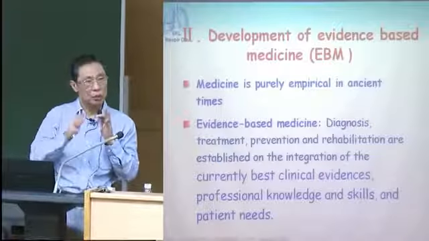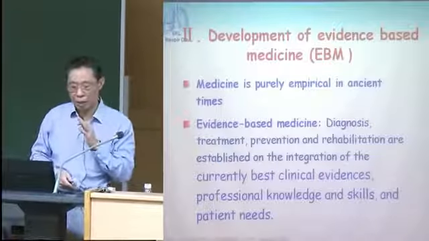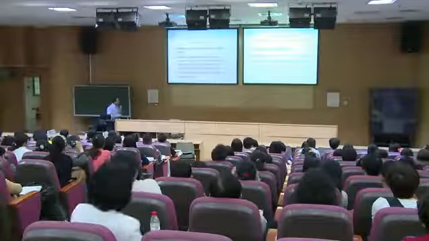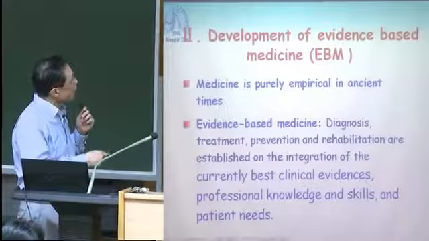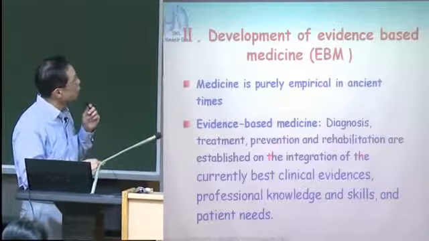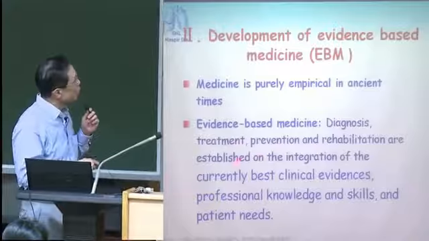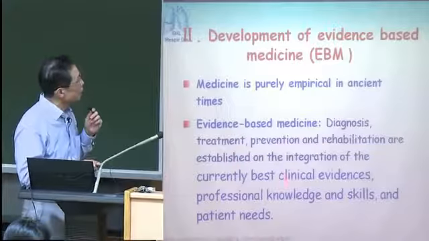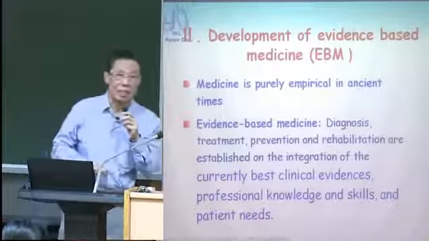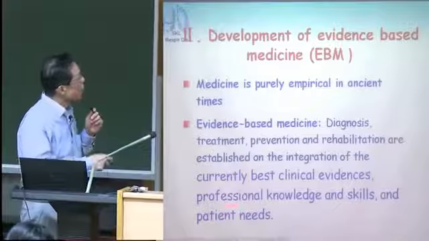We need to change it to evidence-based medicine. I took a sentence like this: diagnosis, treatment, prevention and rehabilitation, 康复, are established on the integration of the current best clinical evidence, professional knowledge and skills, and the patient's needs. That's very important for us.